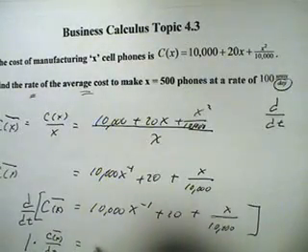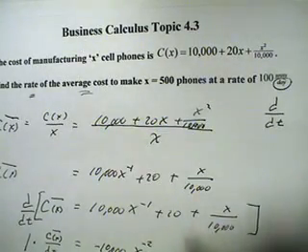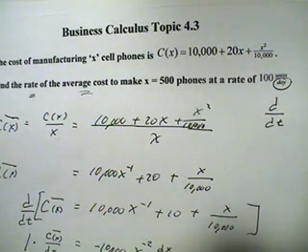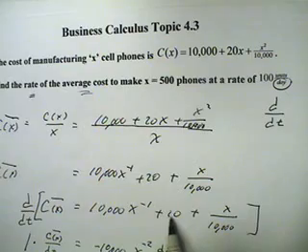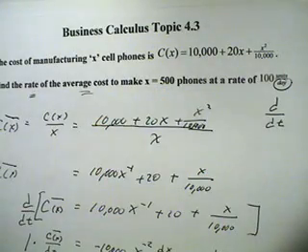The derivative of this will be negative 10,000 x to the negative 2 power, then times chain rule, which will be dx over dt. The derivative of a constant is 0, so that doesn't change. And the derivative of x is 1, so this will be 1 over 10,000, and then times chain rule, which is dx over dt.